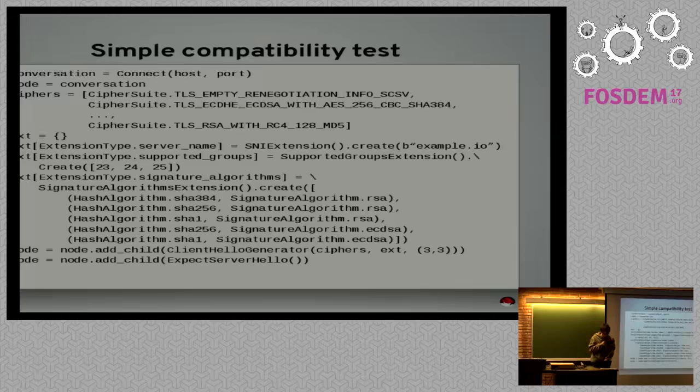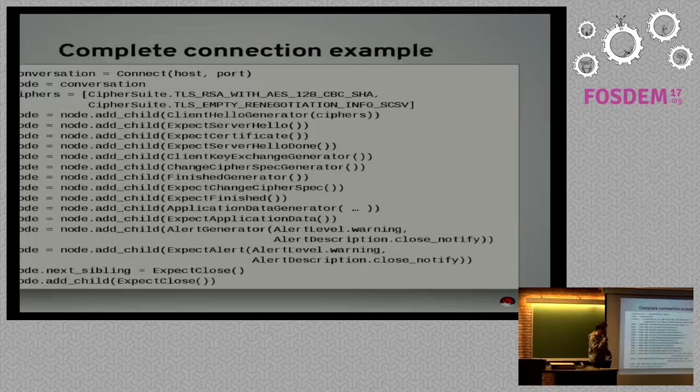Okay, so if we want to make a complete connection, this will look something like that. We again have the client hello generator. Then we expect the server hello, then some more messages which are typical for the communication, and at this point we send to the server some kind of data.